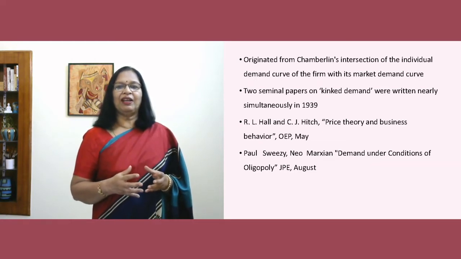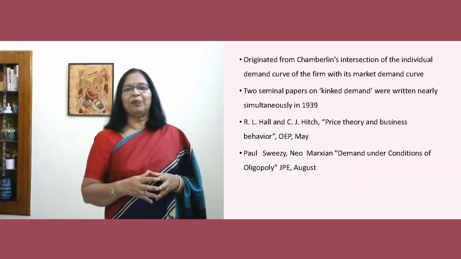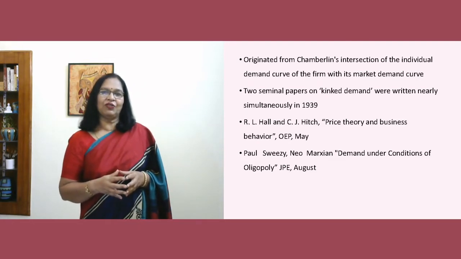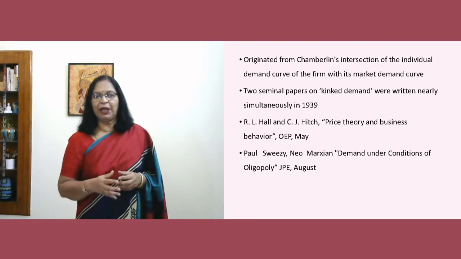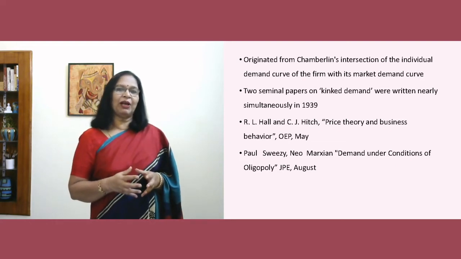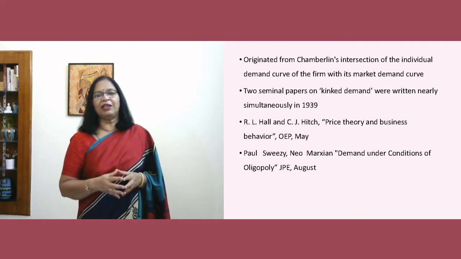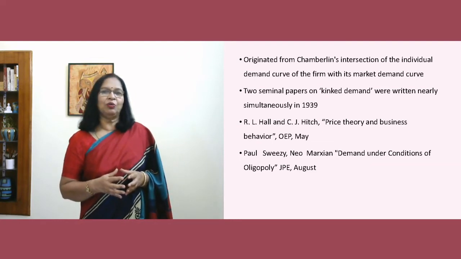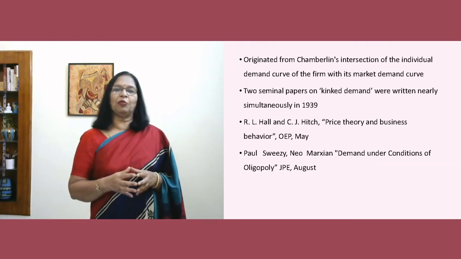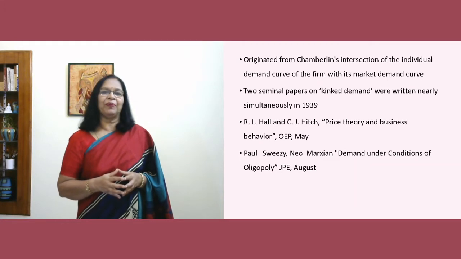The first was by Hall and Hitch, Price Theory and Business Behavior, in the Oxford Economic Papers in May 1939. This was followed by the paper by Paul Sweezy, a neo-Marxian American economist, titled Demand Under Conditions of Oligopoly, in the Journal of Political Economy in August 1939.